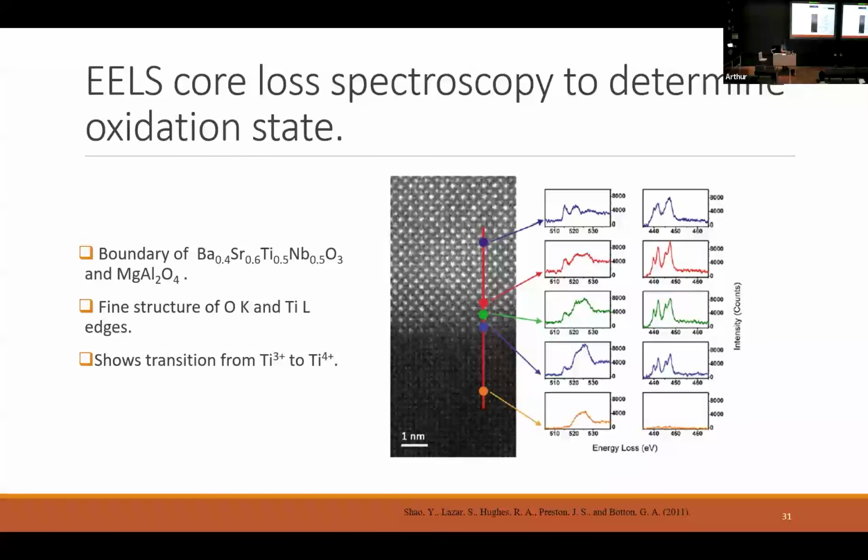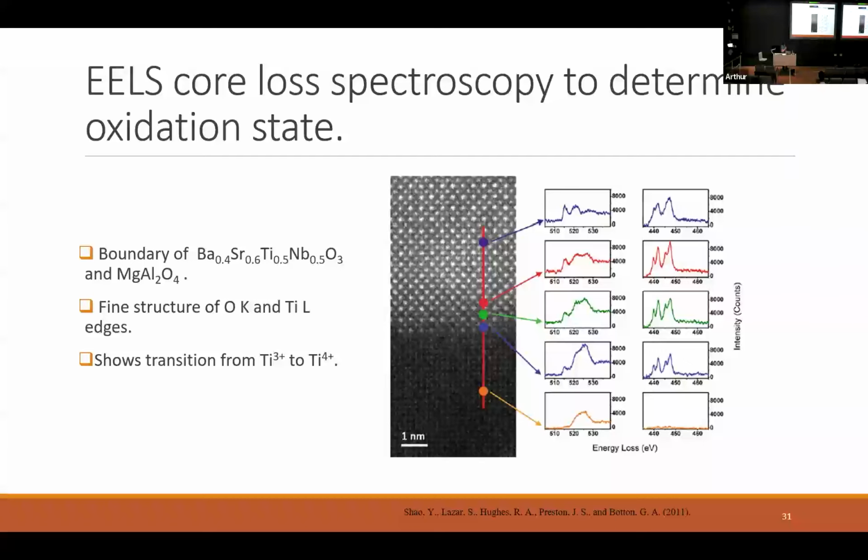So here's an example of mapping out oxygen and titanium across a boundary here of a fabricated device. So we're going from this barium complex to this magnesium complex. And what we're able to see is as we're down in the barium, we're able to see this oxygen edge here, and then it changes to here.